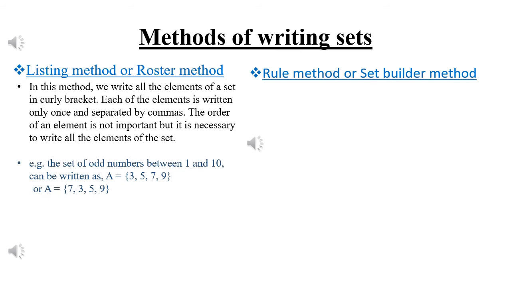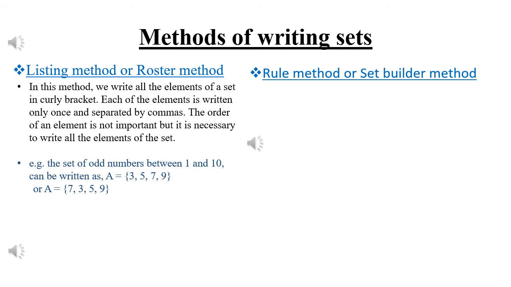Now let us start with the first method, that is listing method or the roster method. Here listing word itself suggests a list of some objects or list of some items. So listing method is when they give you a statement and you are writing its elements in a bracket using commas. Look at the example given here.